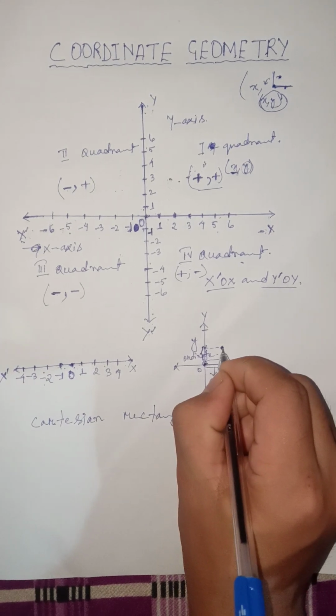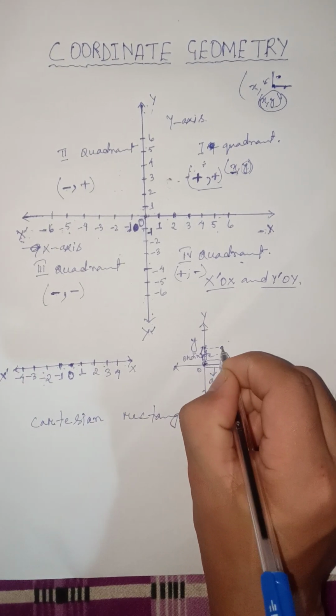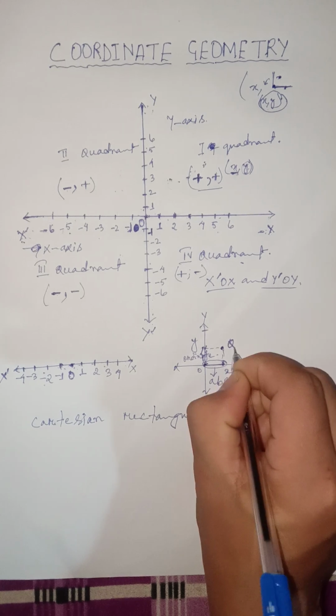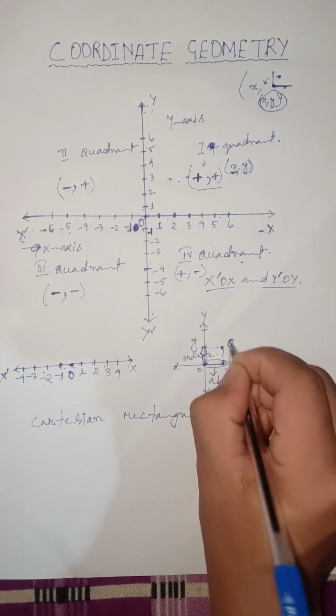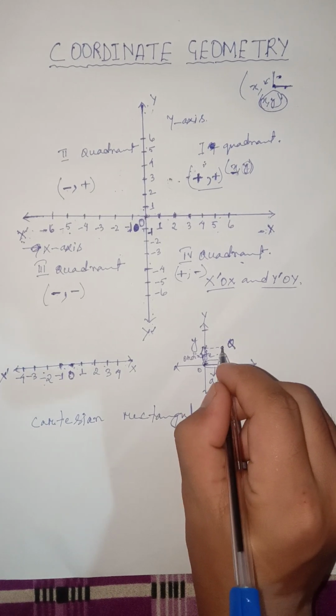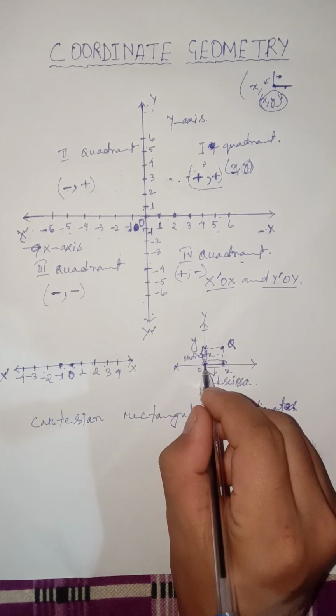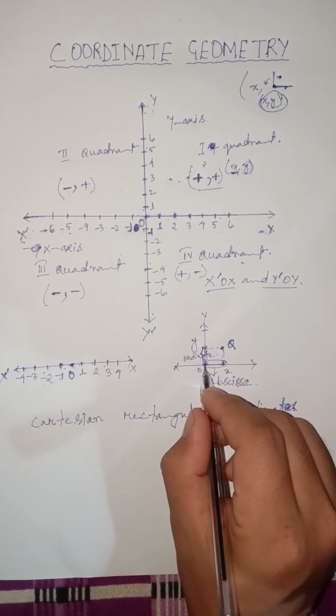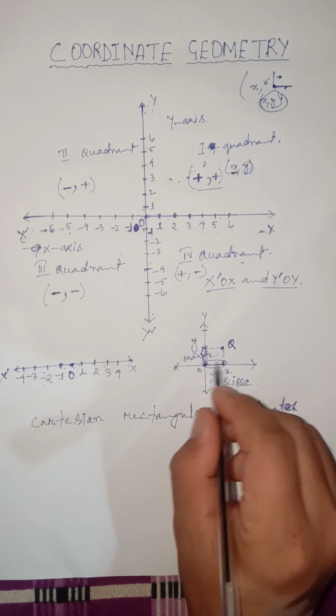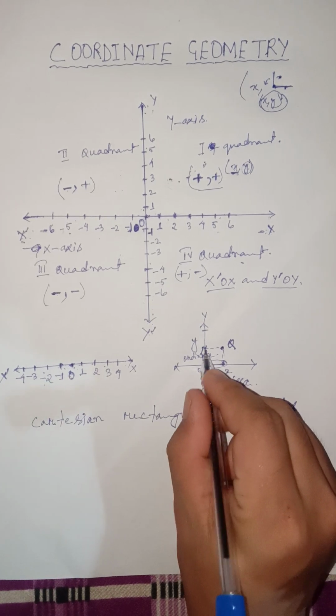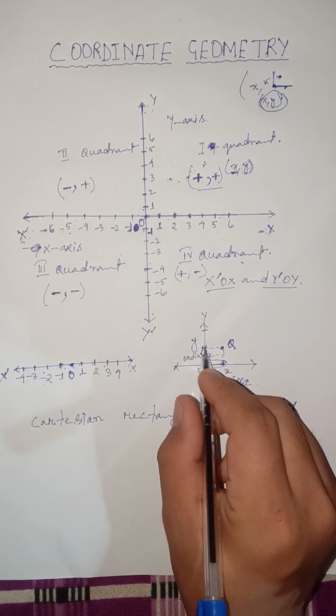Now, in order to get this, let us name this point Q. To get these locations or positions, you will measure from this up to this and from this up to this, upward, right?